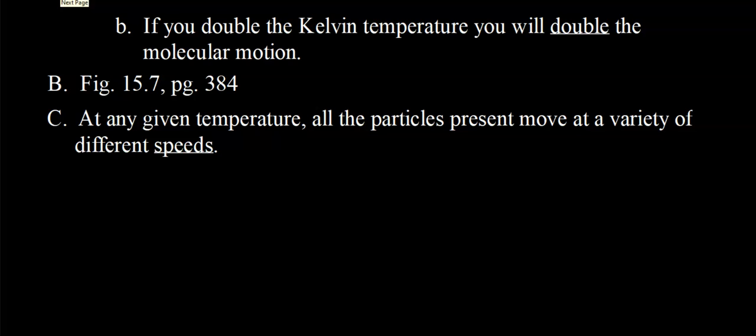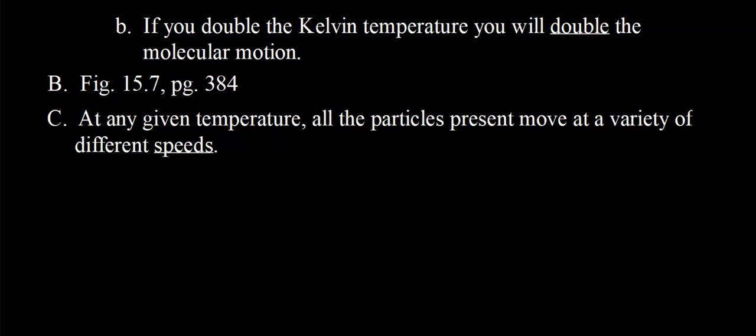Notice that if you double the Kelvin temperature, you will double molecular motion. So very important, this relationship between temperature and molecular motion. We'll talk about it throughout this unit and even next. Take a look on page 384 in your textbooks. We see a graph showing exactly what we just wrote here.